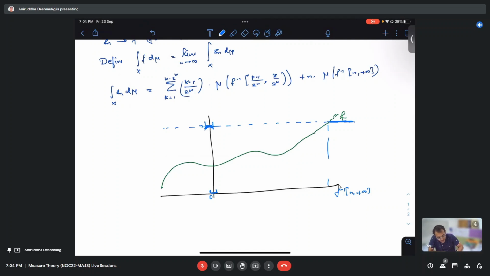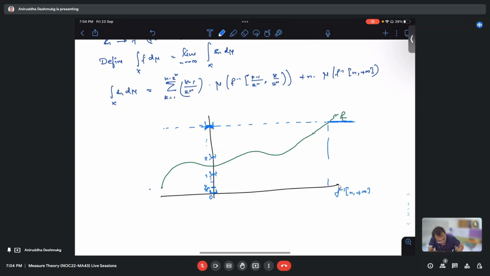Now, in this smaller interval 0 to n, we again divide it into 2 to the power n equal parts. First let us divide it from 0 to 1, from 1 to 2, and so on. And each of these intervals of length 1, I am going to divide into further parts of size 1 by 2 to the power n, and so on.